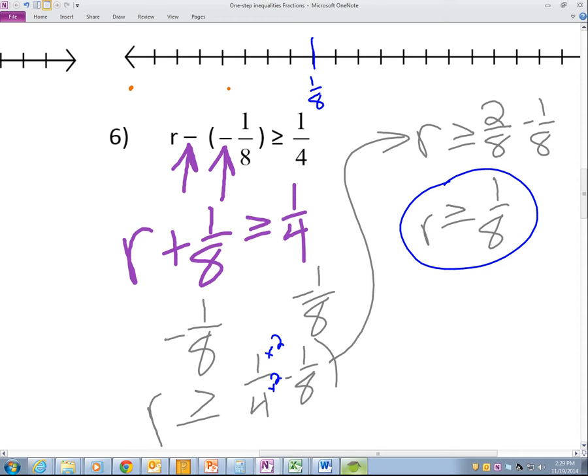1/8. 1, 2, 3, 4, 5. 1, 2, 3, 4. We'll go 2/8. 1, 2, 3, 4. 3/8. 1, 2, 3, 4. 0. So we have greater than or equal to 1/8, so it's going to be colored in. Here's my arrow. I'm using the same color because I want to show you guys that you can have this like that with just a pencil.